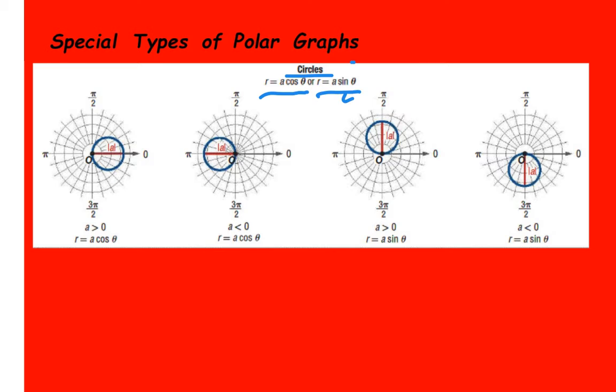First thing, if a is greater than 0 on a cosine, which means it's positive, it's going to be on the positive side, and it's symmetrical with respect to the polar axis because it's cosine. And then how far out it comes is going to be whatever a is. Actually it's the diameter, that's how far out it goes from the center. So if this were 5, it'd come out 5 units.